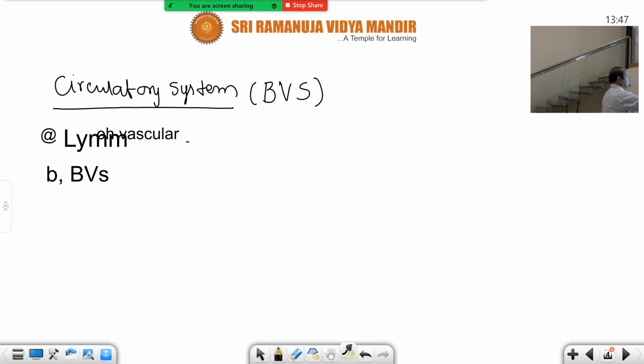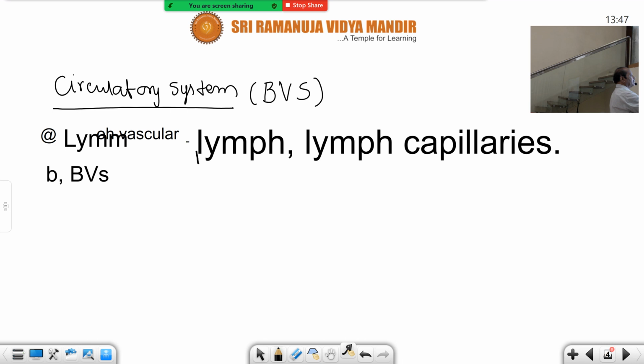The lymphatic system in frog includes lymph capillaries, lymph vessels, lymph nodes.